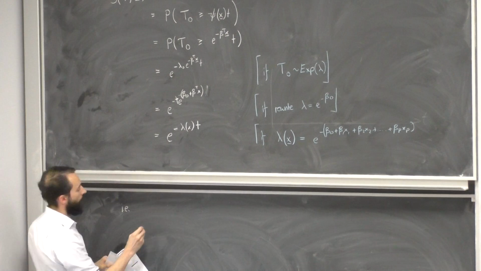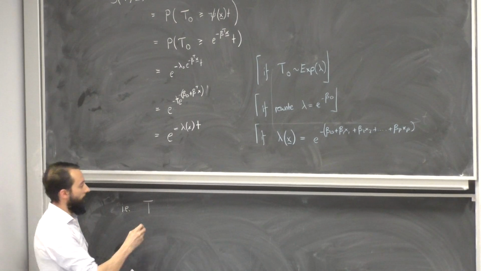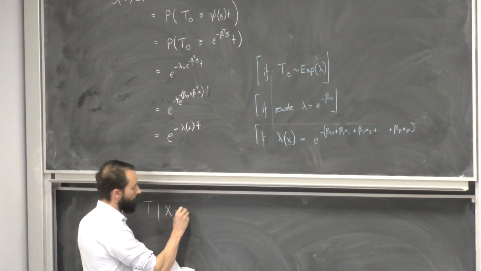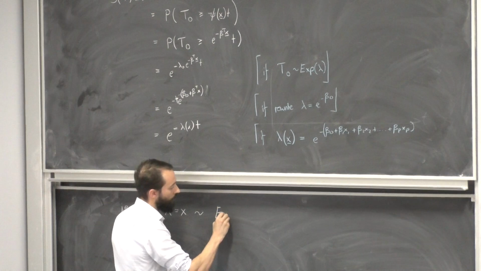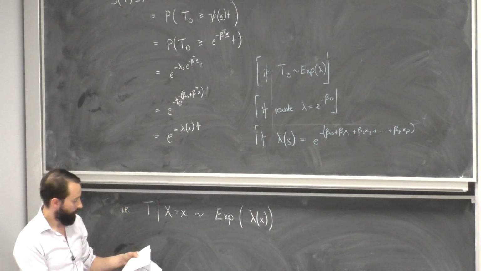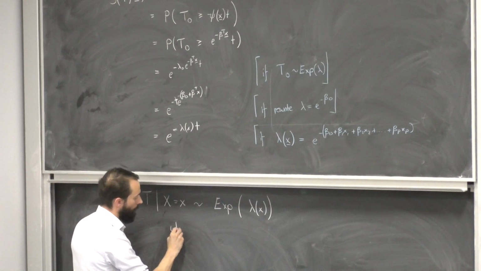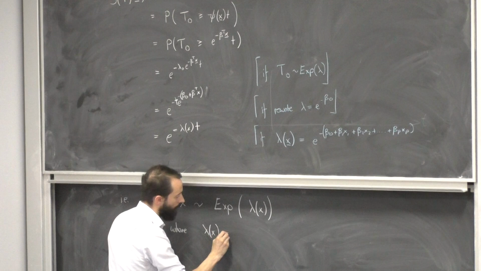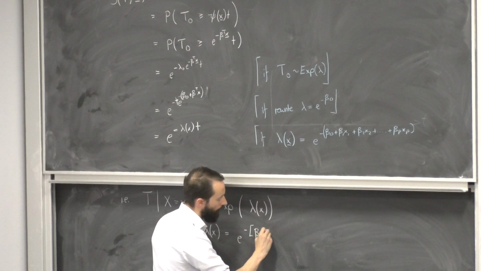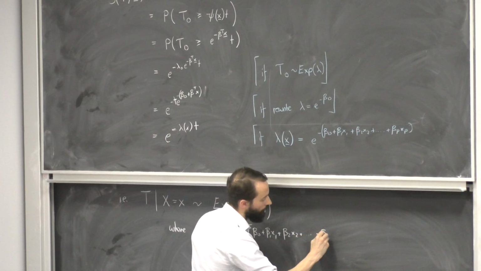So in other words, if I choose an exponential distribution to be my baseline, then for an individual for whom I've now measured variables x, they're still going to have an exponential distribution, but their rate is now going to be this lambda x term, where lambda x is equal to e to the minus beta naught plus beta 1 x1 plus beta 2 x2 plus beta p xp.